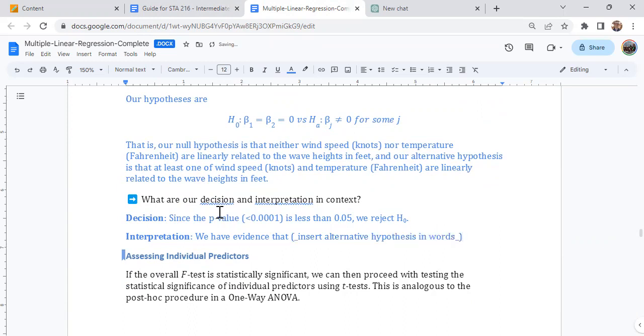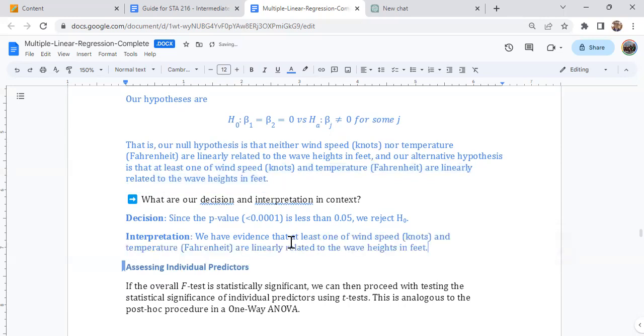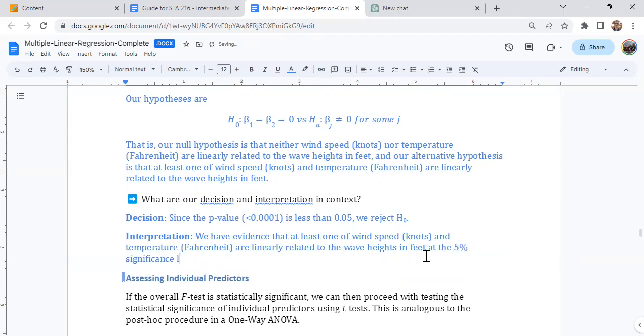That's how we always interpret the results for hypothesis tests. We can literally copy what we put for the alternative hypothesis before. And I guess we'll add at the 5% significance level. Although honestly, this p-value is so small that any significance level that people use, it would be statistically significant.